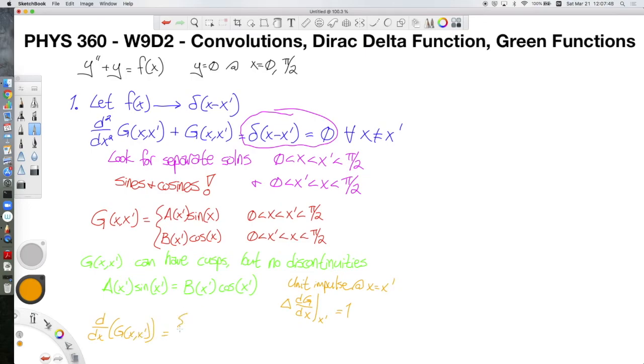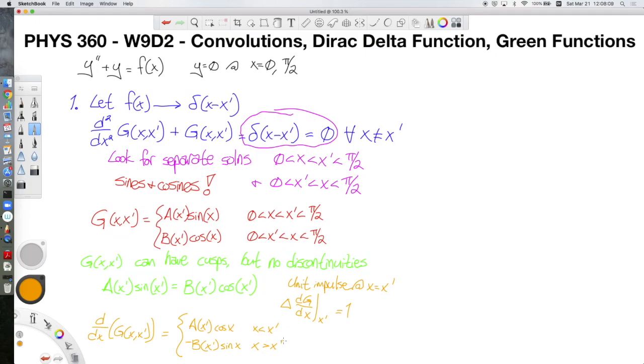And we get a of x prime times cosine of x when x is less than x prime, again, greater than 0, less than pi over 2. And we have negative b of x prime times sine of x when x is greater than x prime.